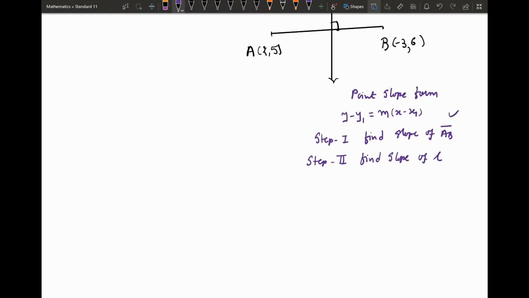Two lines are mutually perpendicular if and only if m1 into m2 equals -1. And step 3, use the point slope form. So in these 3 steps we will solve the problem.